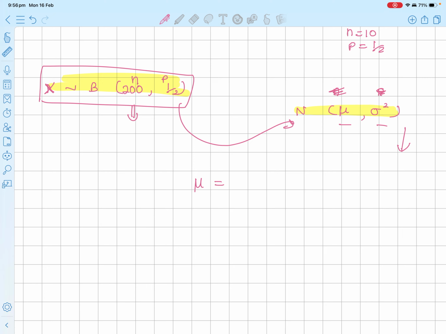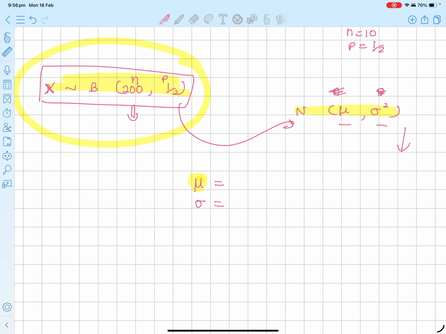For this specific data, I need to know what the average is, and I need to know what the standard deviation is. And there's a formula for this mu and sigma. And do not panic, it's given.